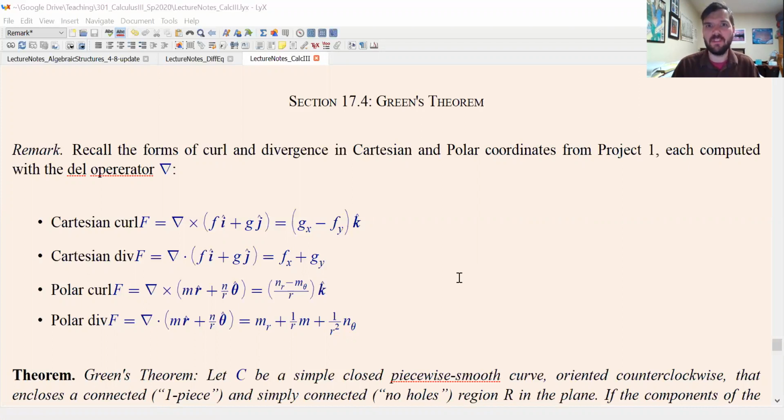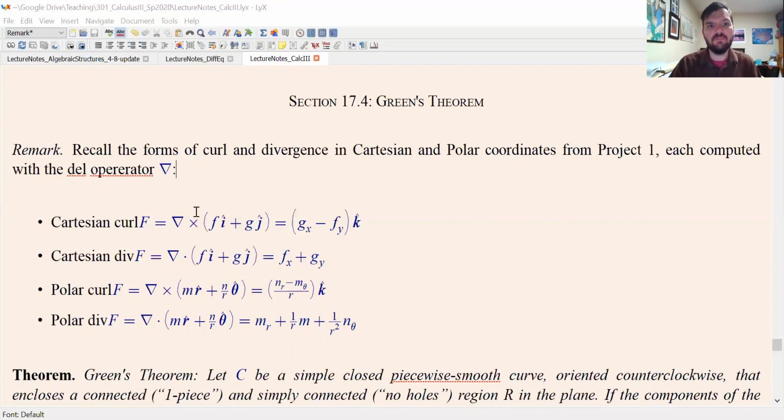Before we dive into the theorem itself, let's go way back to the del operator we first saw in computing the gradients in chapter 15, and the project 1 that we did in analyzing the curl and divergence that are directly related algebraically to that gradient.